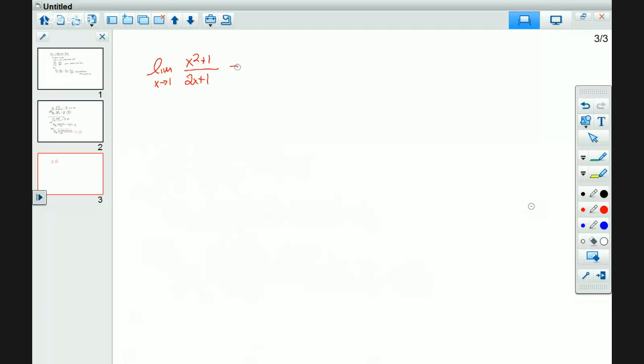Right. That's not in indeterminate form. You can use it any time as long as it's indeterminate. So be careful there. You have to check it. Because this one's actually easier if you don't use it, and if you do use it, you'll get the wrong answer. So be careful.